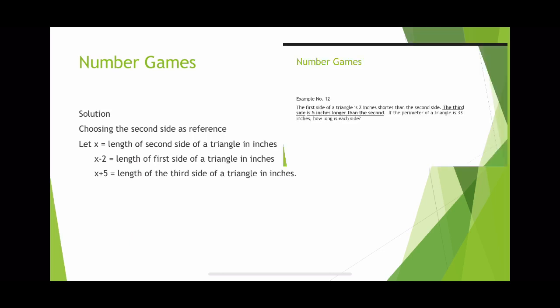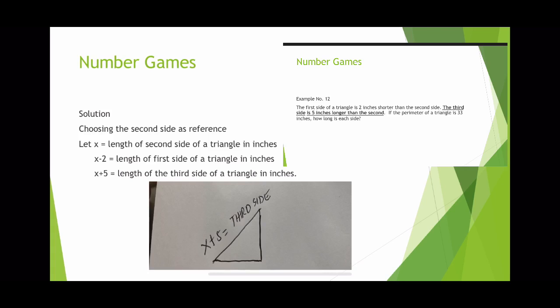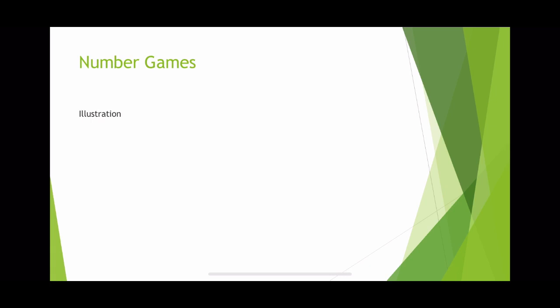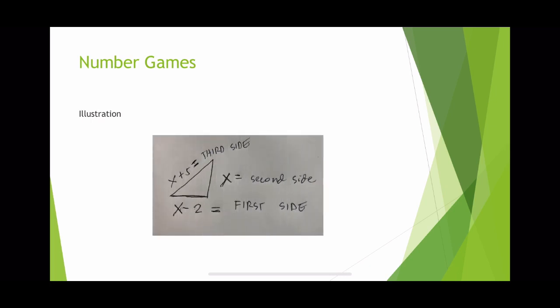And then x plus 5 is equal to the length of the third side in inches. And the perimeter of a triangle is 33 inches. So knowing all of this, we have the illustration wherein x is equal to our second side, x minus 2 is equal to the first side, and x plus 5 is equal to the third side.